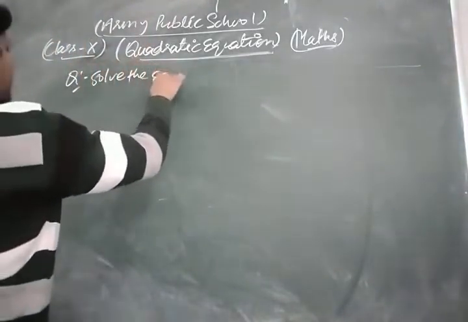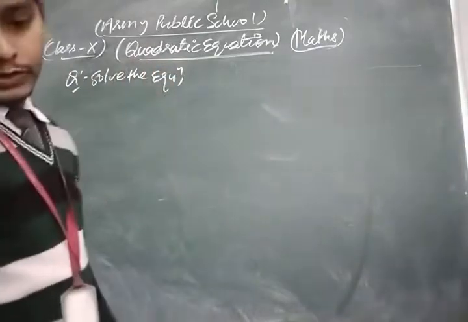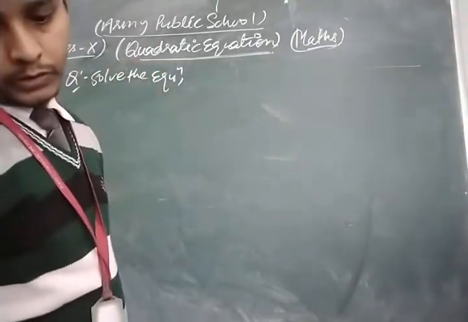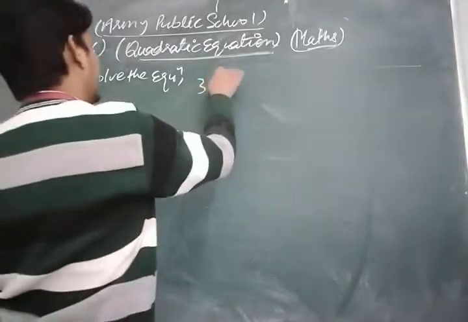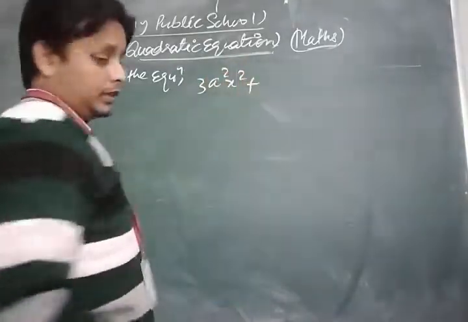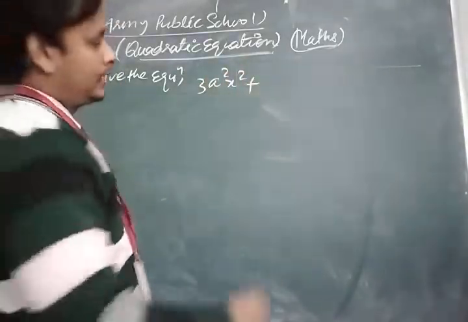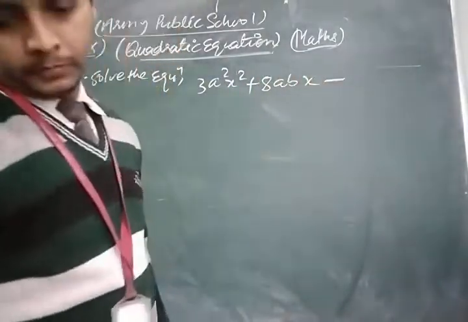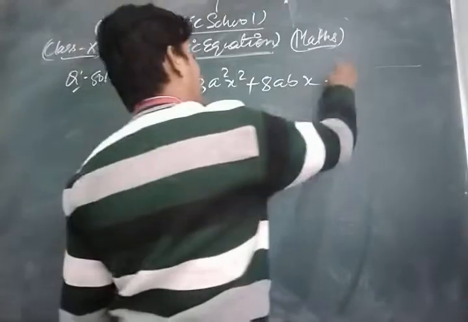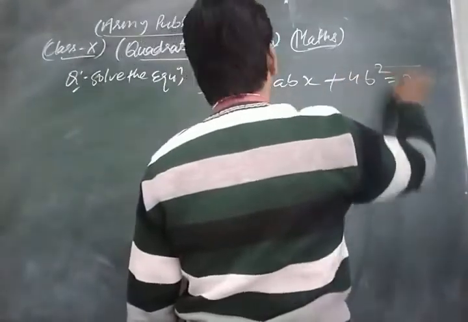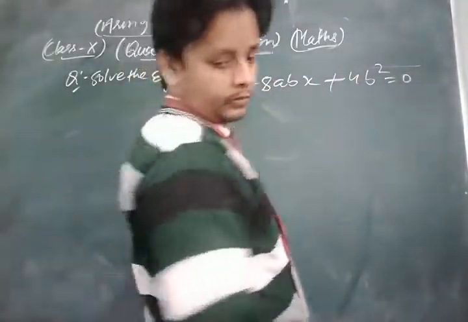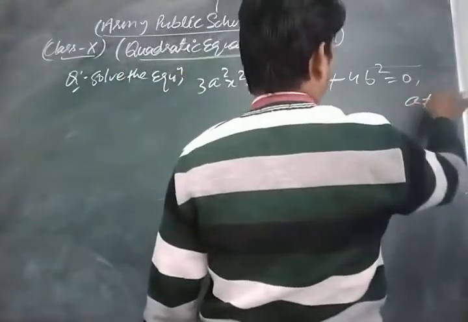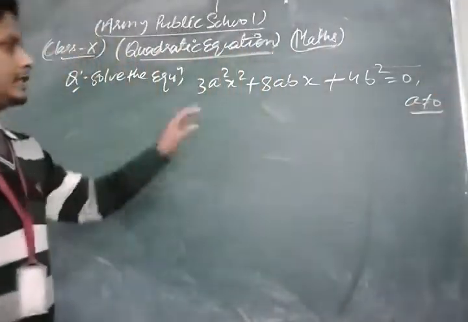Solve the equation 3a square x square plus 8abx plus 4b square is equal to 0, where a is not equal to 0. So this is the given equation.